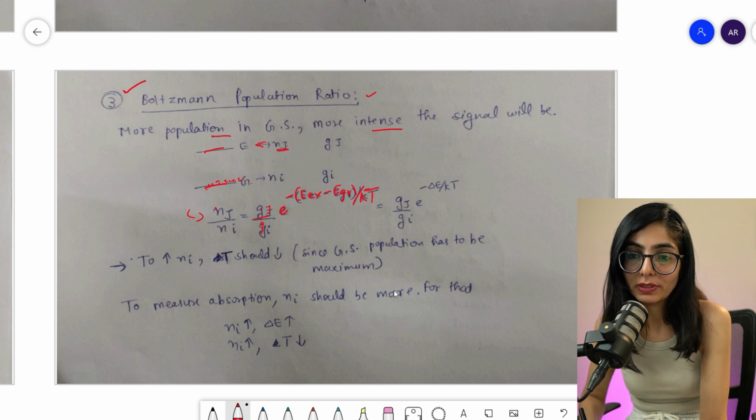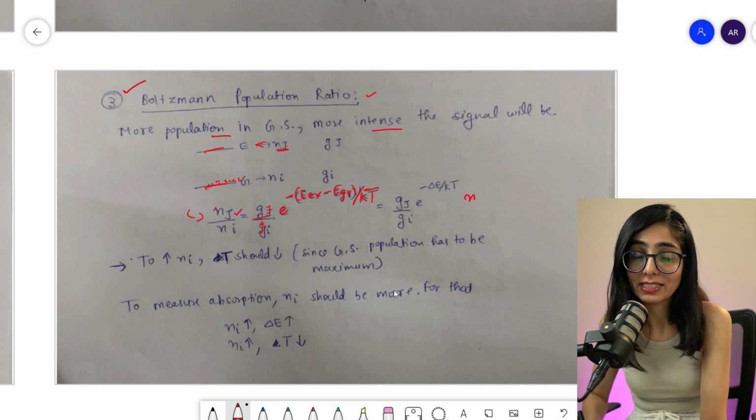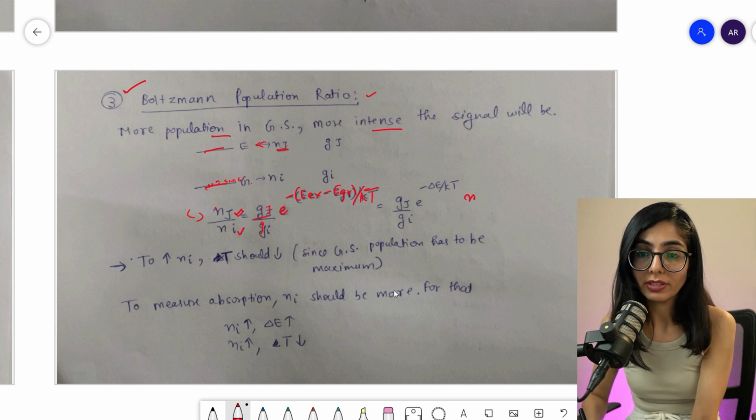Always remember this formula: J will be in the numerator, that means the excited state in the numerator, and the ground state in the denominator. Same for Gj by Gi, where J means the excited state.